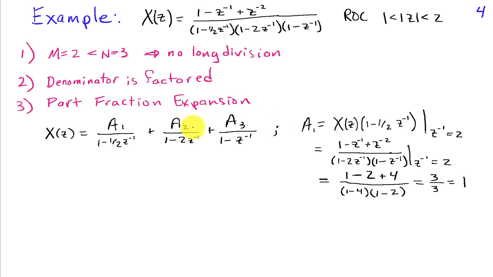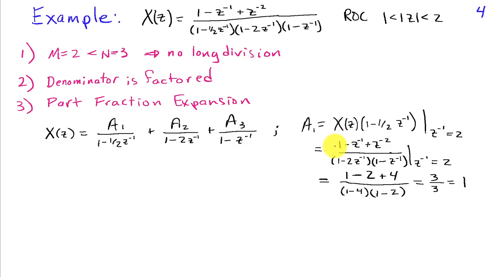And when I evaluate that at the values of z for which this goes to 0, the A2 and the A3 drop out. And of course, when I multiply by this times X(z), I'm just canceling it out of the original denominator. And in this case, 1 - 1/2 z^-1 goes to 0 when z^-1 equals 2.